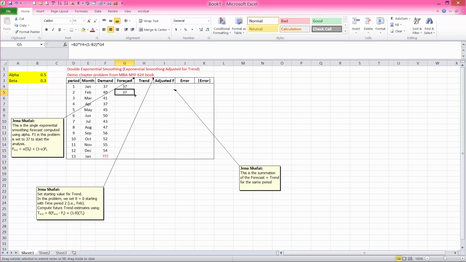But if I copy this down, notice something happens that we do not want to happen. The reason is that when I write this, I need to fix the cell reference for the alpha value, this 0.5, so that in every future calculation it will grab that 0.5. If I put my mouse in there and press F4, it'll insert these dollar signs. The same thing needs to be done here.